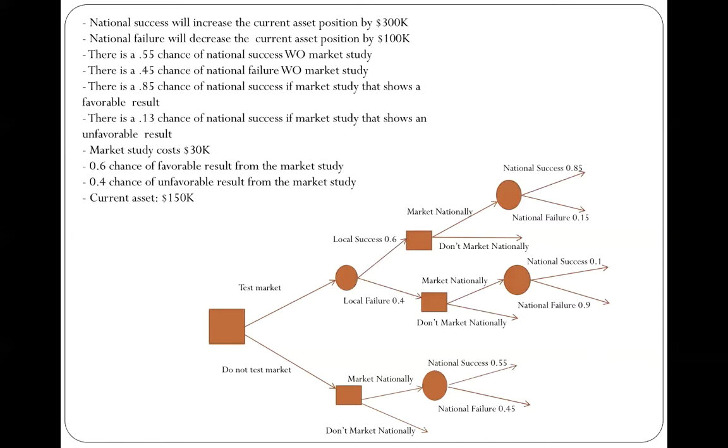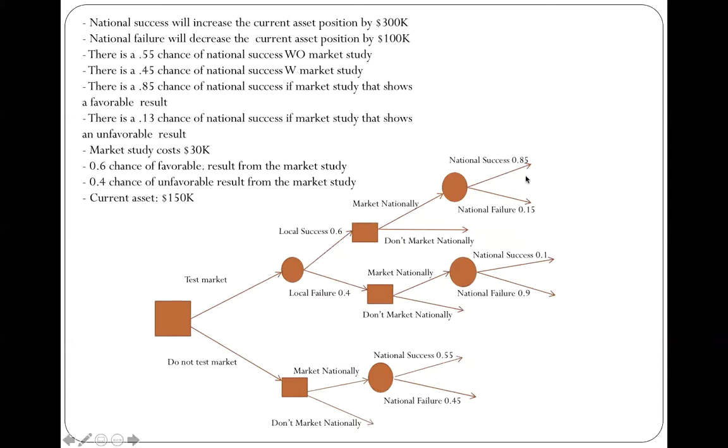To do that, we first have to calculate the value associated with each one of these final branches, which we also call terminal branches. So let's see what is the final value associated with this terminal branch.